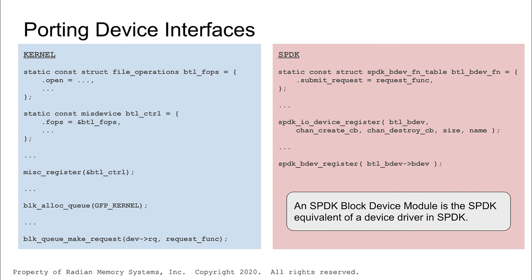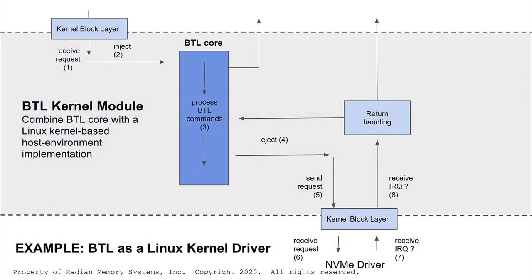Ultimately, the task of creating a host environment involves mapping these environment-specific constructs to BTL's generic types for the same abstractions. The generic core of BTL then accesses the mapped construct through the generic type. And we continue with this sort of porting process for each of the host environment abstractions, and as a result we now have two host environments, one for the kernel and one for SPDK.